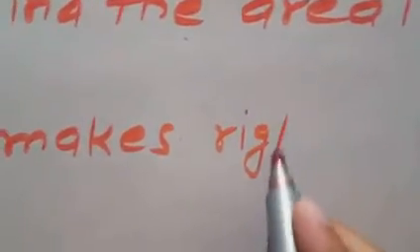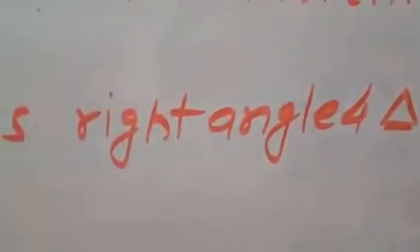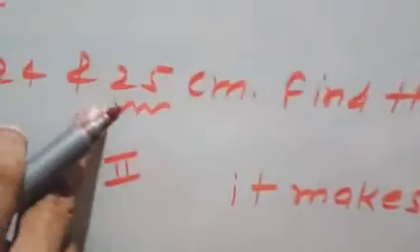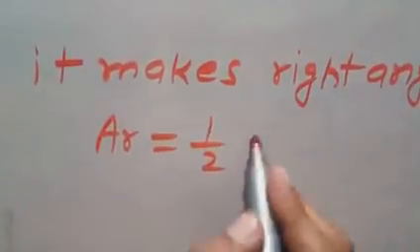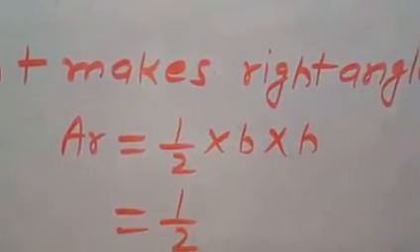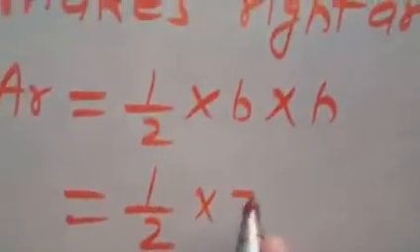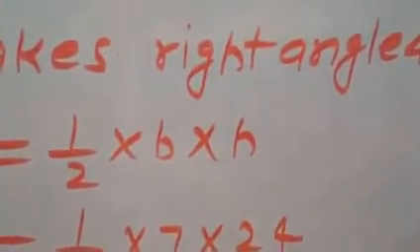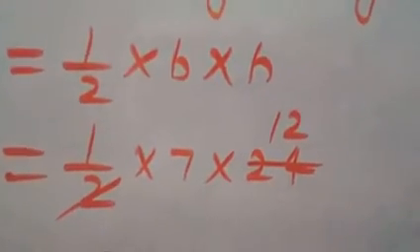Now we know that this side 25 is the hypotenuse, because that is the longest side, and the area is half base into height. So half, any one is base and any one is height. So 7 into 24, so 2 twelves are 24, and 12 sevens are 84 centimeter square.